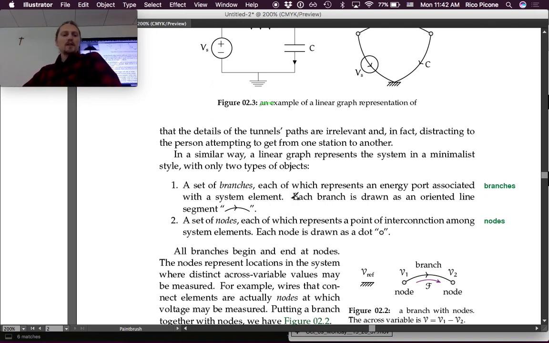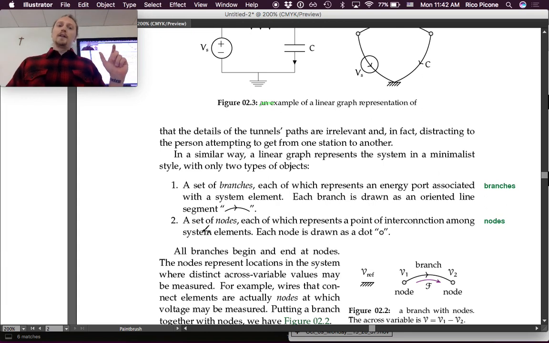These branches represent for us different one-port elements. It could be a resistor, a capacitor, an inductor, a source, a mass, a spring, or a damper. Any of these things could be represented by a branch.